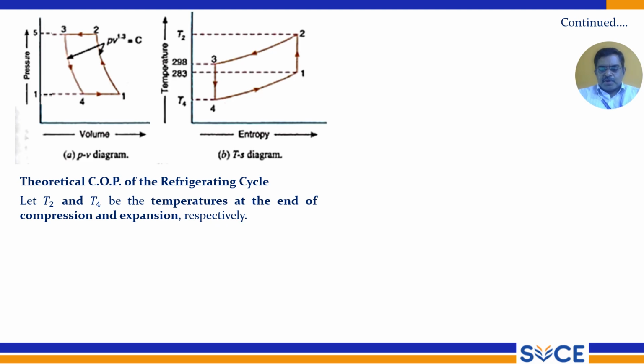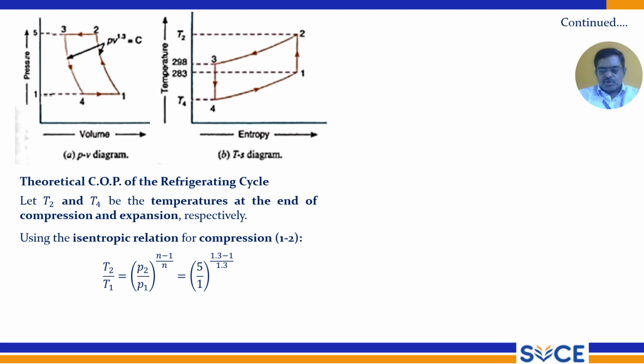For the theoretical COP of the refrigerating cycle, let T2 and T4 be the temperatures at the end of compression and expansion respectively. Using the isentropic relation for compression, process 1 to 2, T2 divided by T1 equal to P2 by P1 to the power n minus 1 divided by n. So 5 by 1 to the power 1.3 minus 1 divided by 1.3 is 1.45. So T2 by T1 is 1.45, and T2 equals T1 into 1.45.